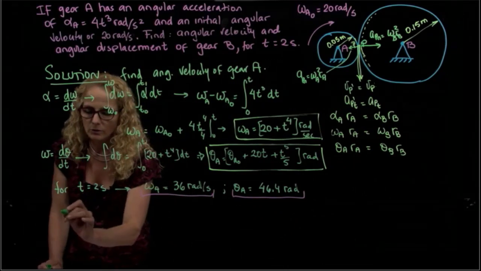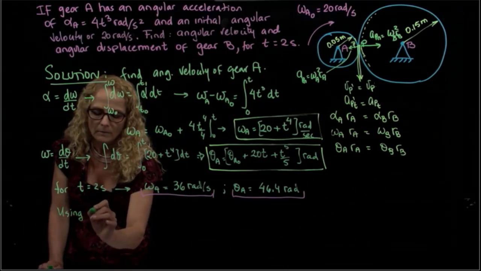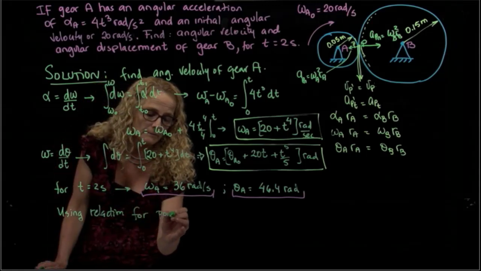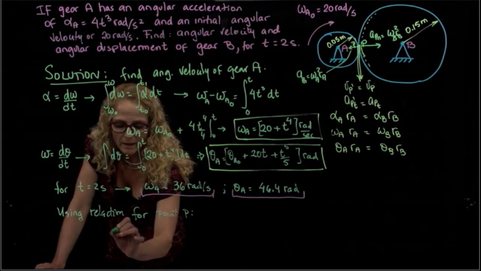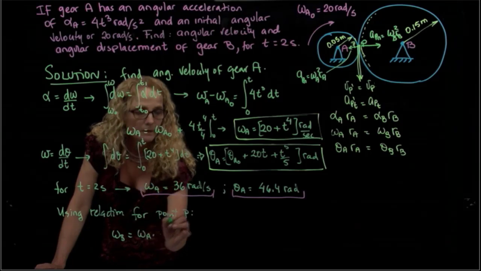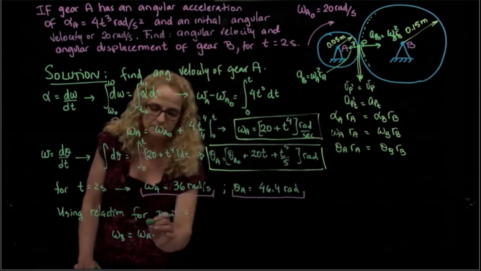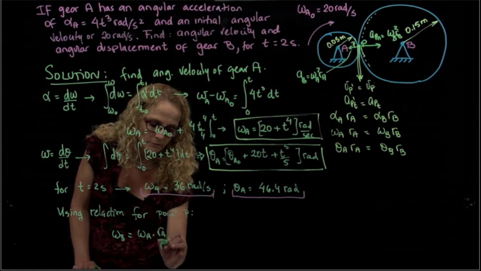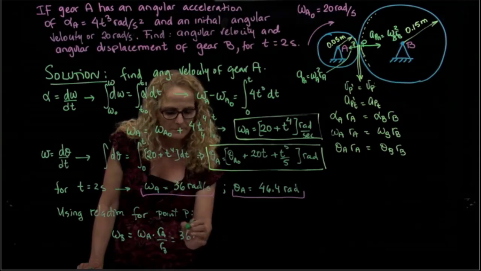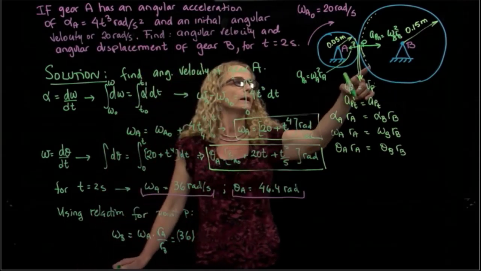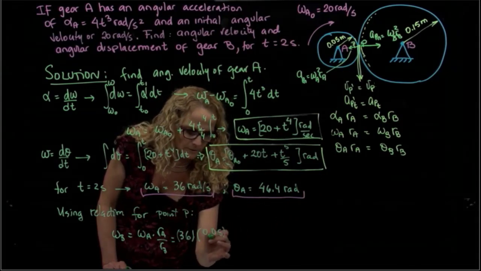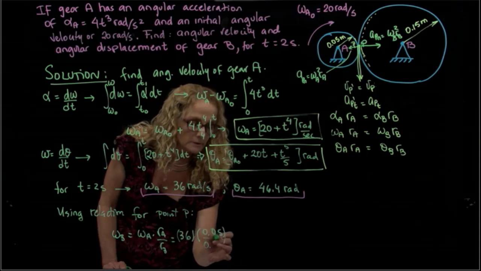Using the relations for point P, we know that the angular velocity of B will be equal to the angular velocity of A times the radius of A over the radius of B. So that will be equal to 36 times the radius of A, which is 0.05, over the radius of B, which is 0.15.